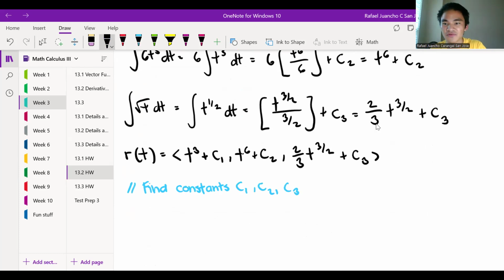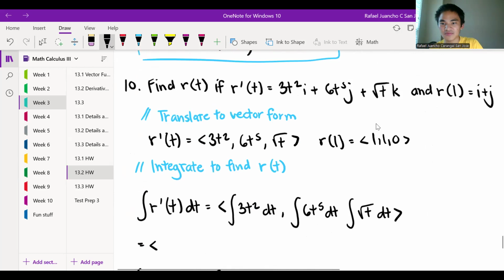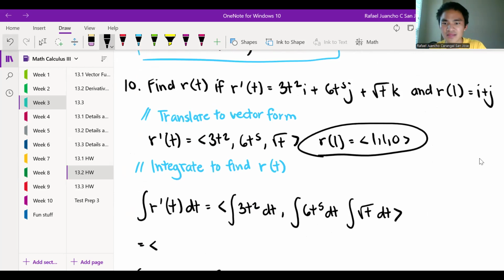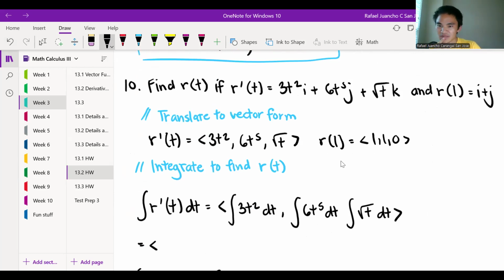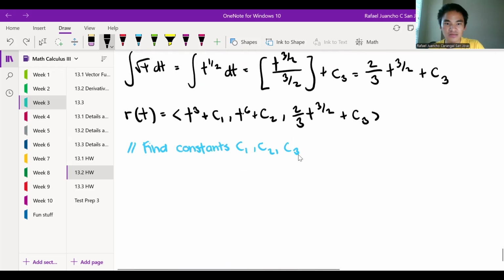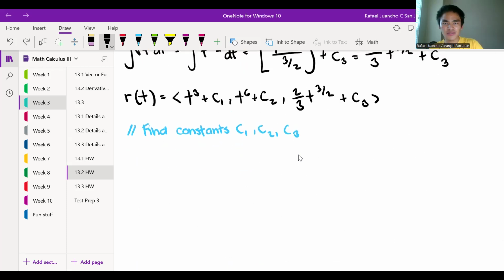Well, we use the other info we have. So this one, we make use of that. So I guess we can equate each of them, get their constants. So here we see r of 1. Use r of 1, which has these vectors, right?